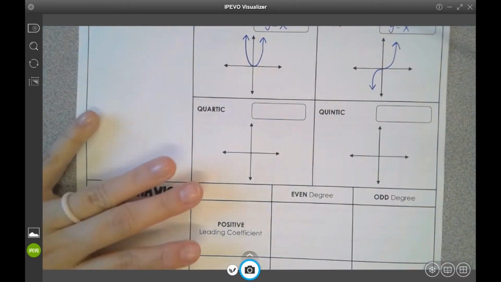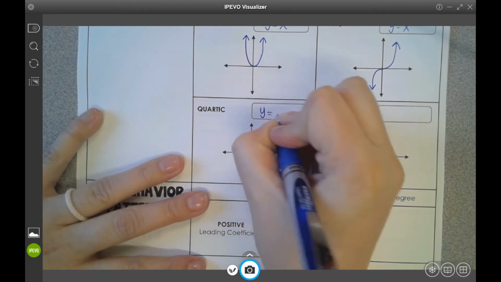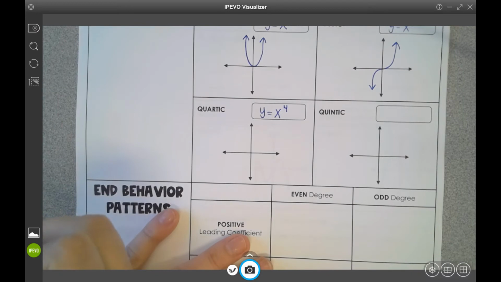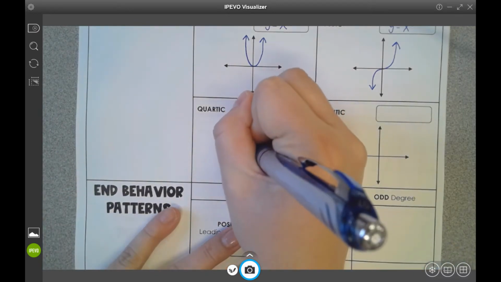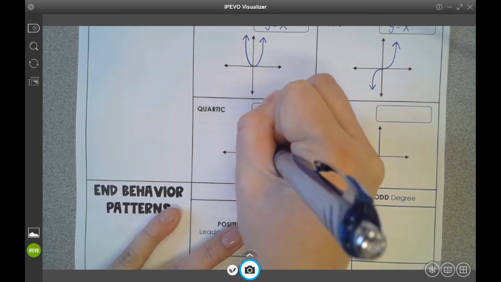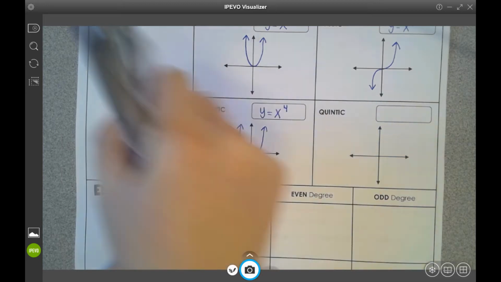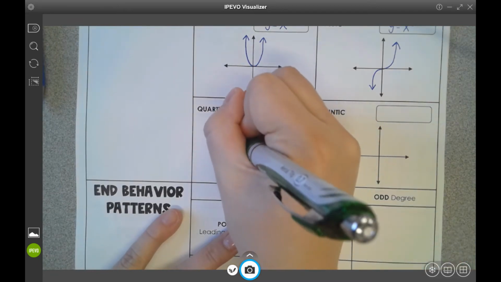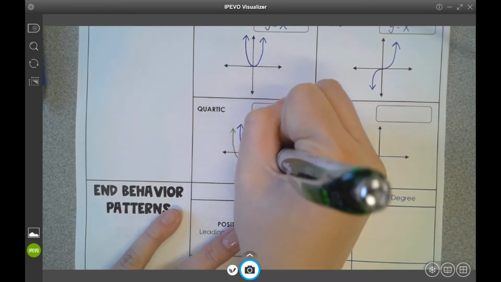All right, quartic, y equals x to the 4th. So if you graph that, it really looks like the quadratic. It's just a little bit wider. But adding stuff, it might look like this.